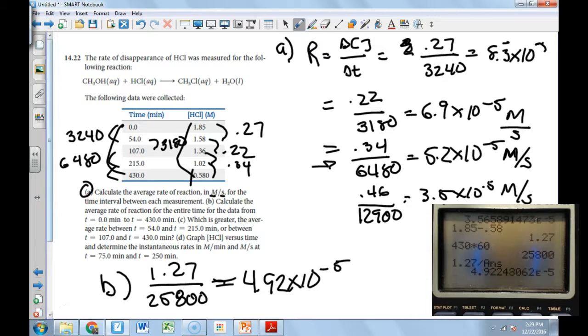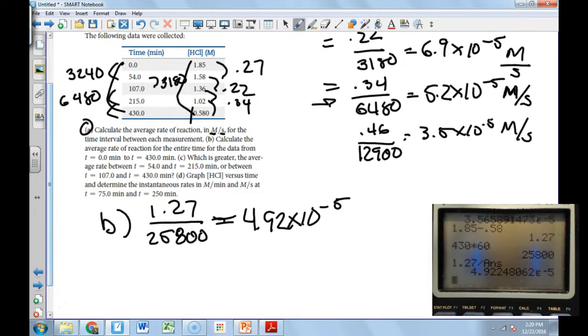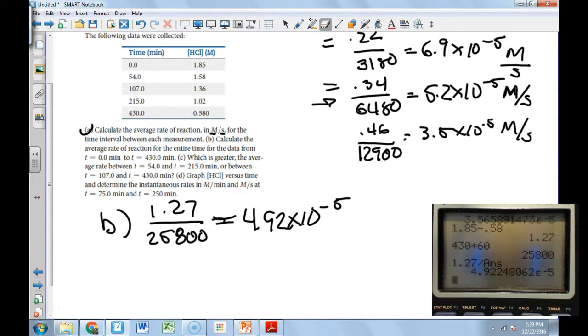So for part C of this question, I'm going to erase this because I'm running out of space. Now we're comparing this one to this one. We should already know that the average rate for the one that is happening earlier is going to be greater, but let's show that.